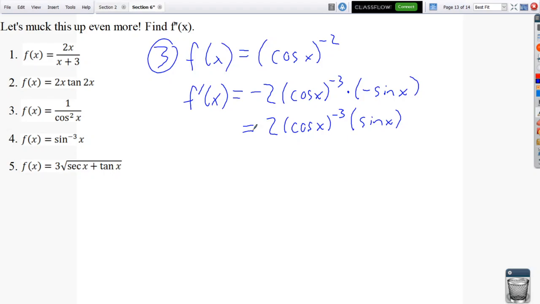So now I see I've got a product and a composition. So using the product rule and the chain rule, I'm going to find the derivative. f double prime of x is going to be equal to, if this 2 gives you any sort of trouble, forget it. It's 2 times the derivative of the rest of this stuff. Now the derivative of the rest of this stuff might be a little bit difficult.